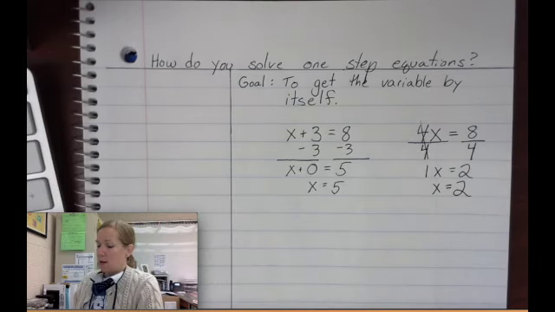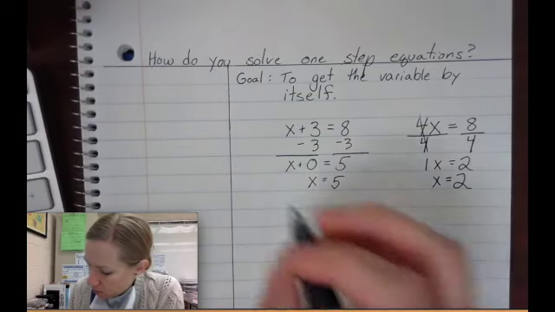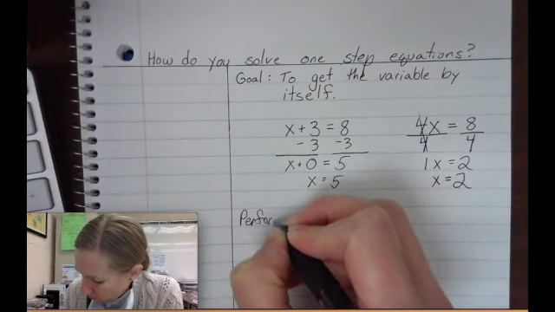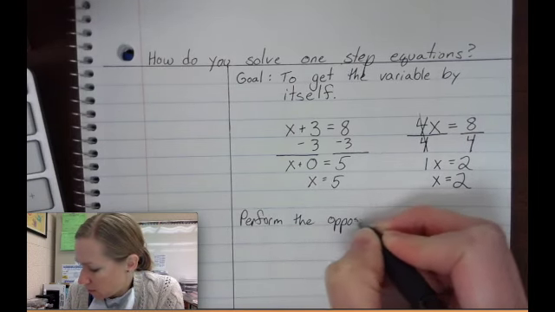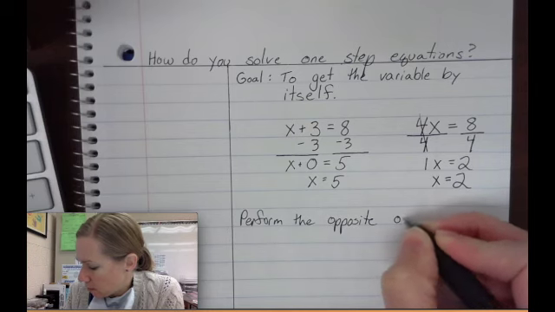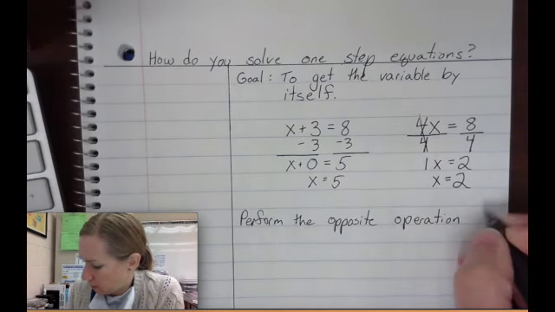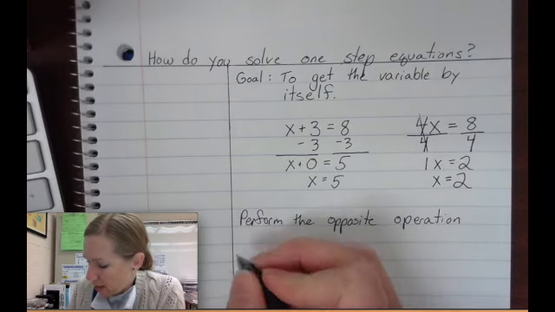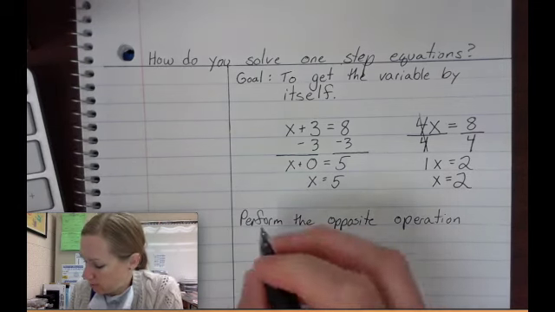Okay? So the keys that we need to do is you need to perform the opposite operation. Okay, so that's kind of step 1. And then you're going to make sure to do it on both sides of the equation.